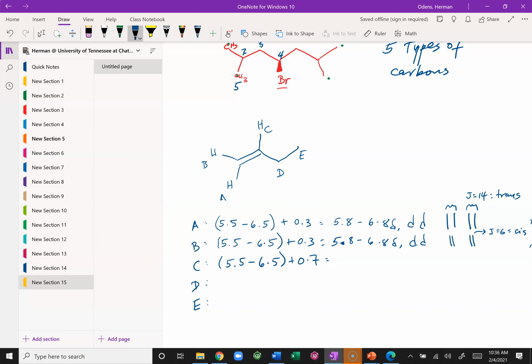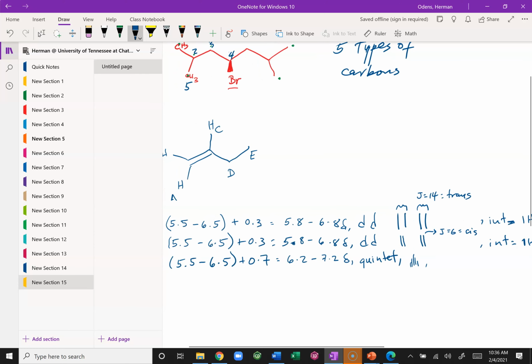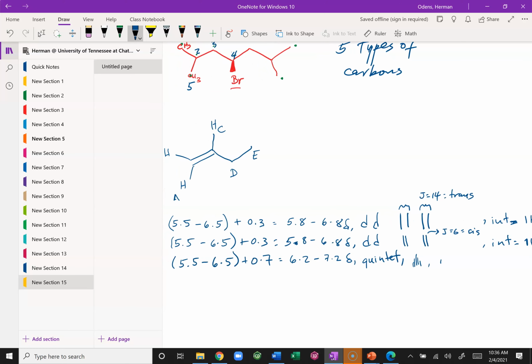So that will be anything between 6.2 to 7.2 ppm. And that will be a quintet. Yeah, it has 4 neighbors. So it will be a quintet that integrates for 1.